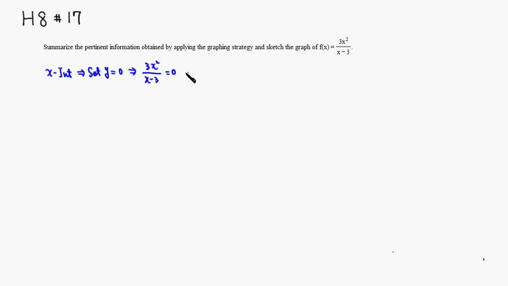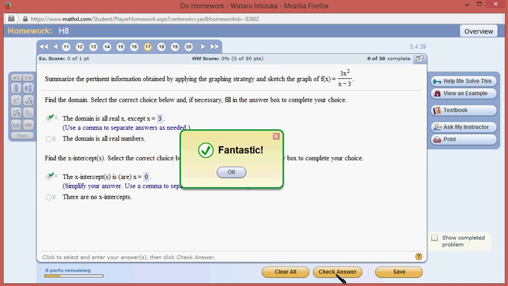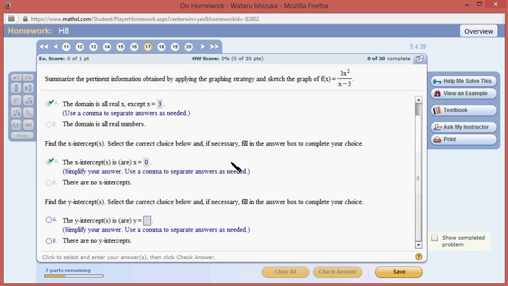When a fraction is 0, we just have to make sure that the numerator is 0. So 3x squared is equal to 0, and you can see that this happens when x equals 0. So the x-intercept is 0. Let's check the answer. We got that.